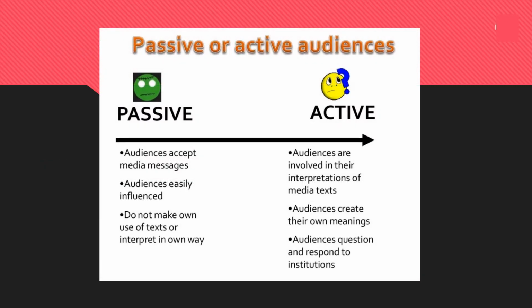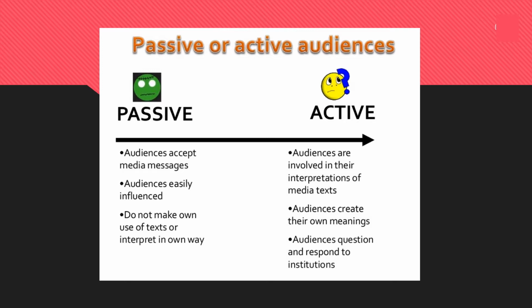So some of the key terminology relating to audiences is passive and active, and this links quite closely with learning outcome 6, where you've got to talk about the effects of the media. Some theorists say that audiences are passive and some say that they are active.